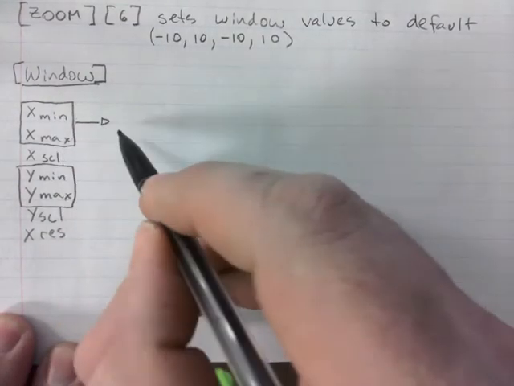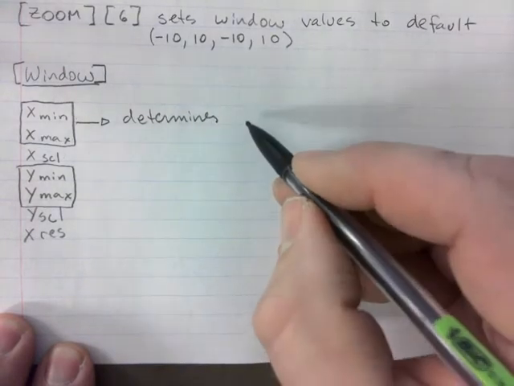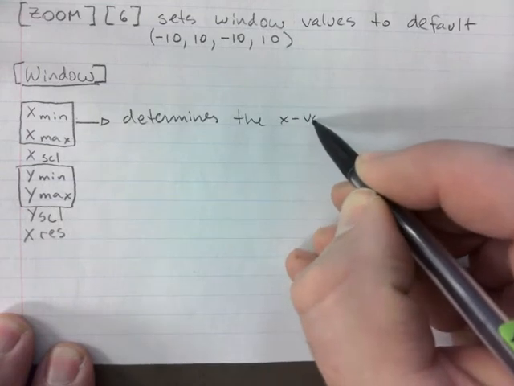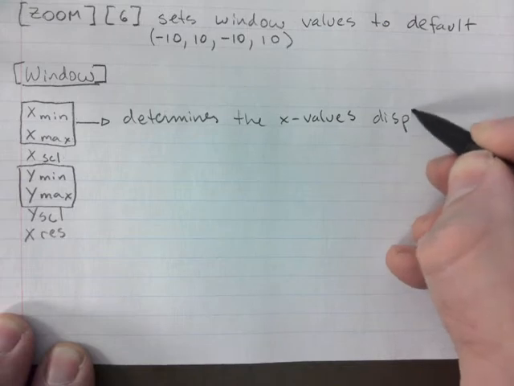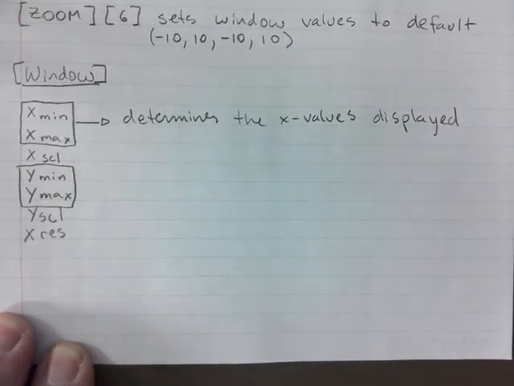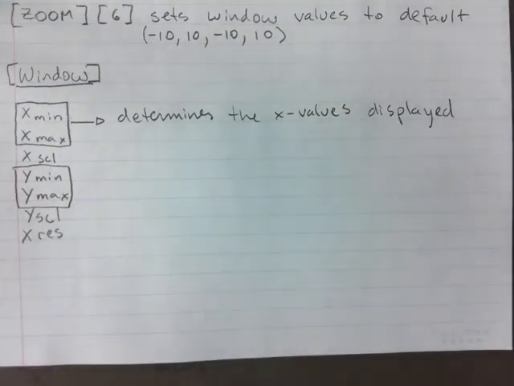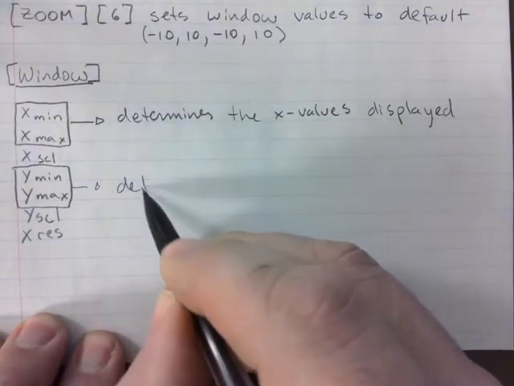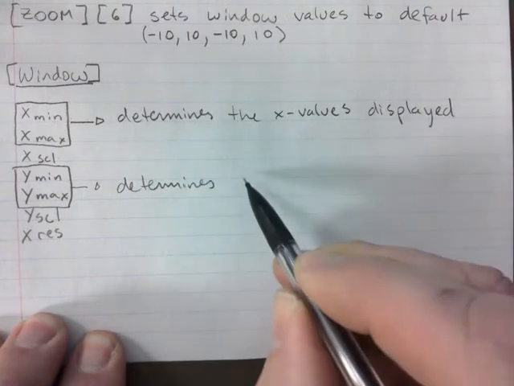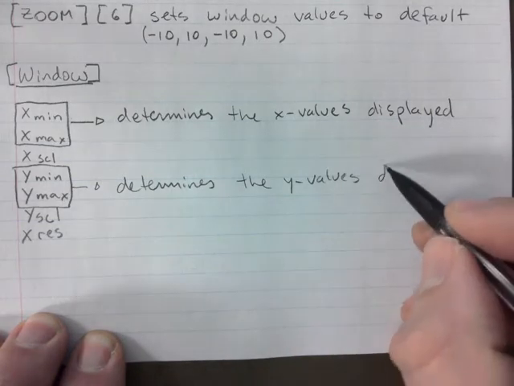So the X-min, X-max determines the X values displayed. So if you change your min to -10, your max to +10, the screen will show you from -10 to 10. Right? And so as you can guess, the Y-min, Y-max determines the Y values displayed.